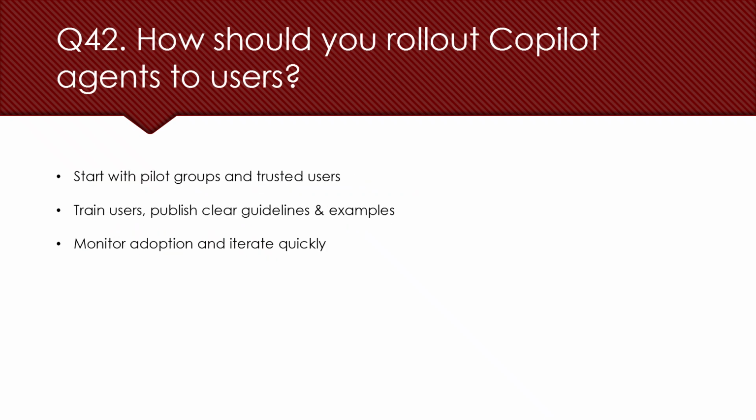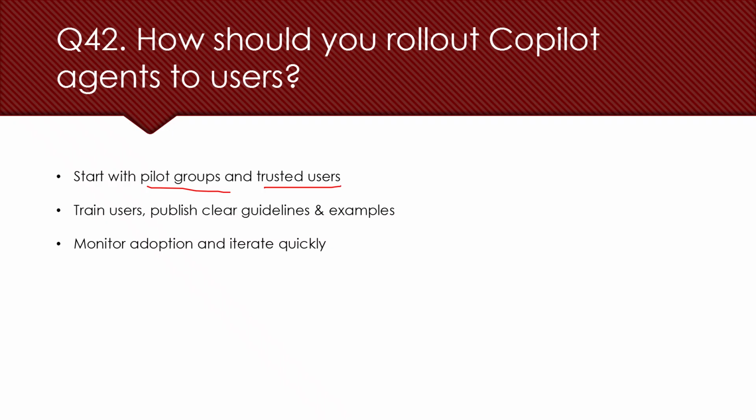Question number 42. How should you roll out Copilot agents to users? First thing, Copilot agent rollout should be staged. Begin with pilot groups, like a small number of groups and trusted users, or a specific team. And then you can gather feedback about how your Copilot agent is working and whether any refinements are needed.